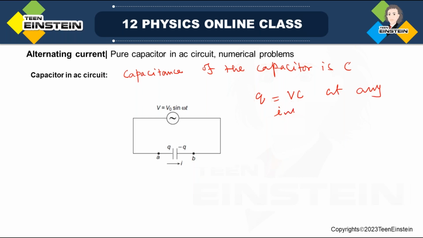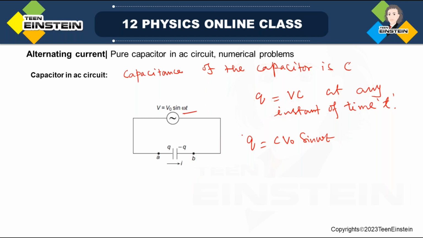If at any instant of time the charge stored in the capacitor plate is Q, then Q is equal to CV. So I can write Q is equal to C V0 sin omega t.